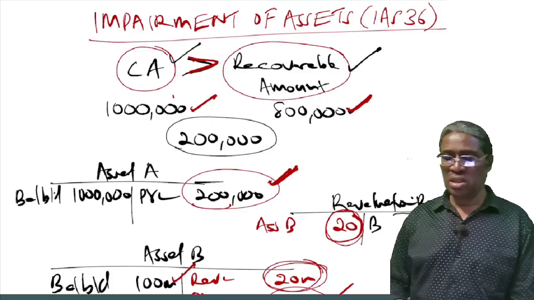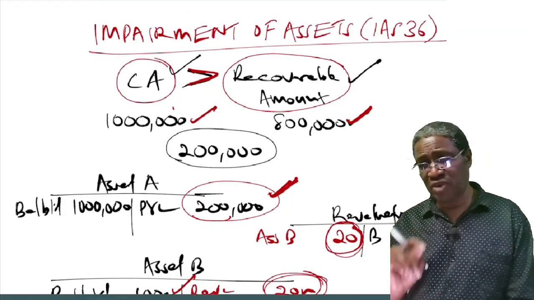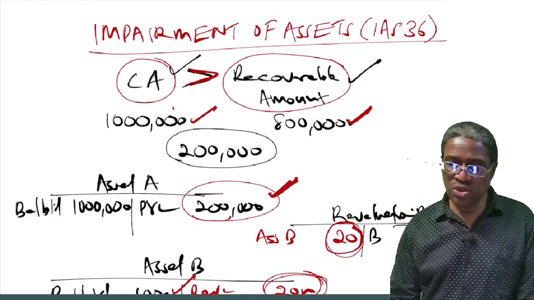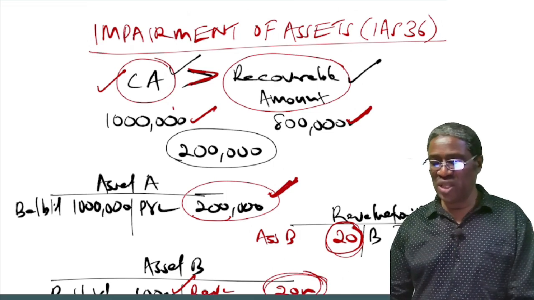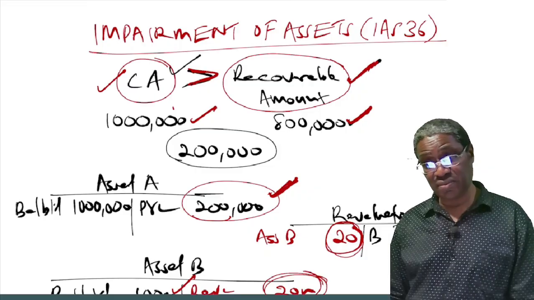We said, if you want to know whether an asset has suffered an impairment loss or not, as a company, you compare what we were calling the carrying amount of that asset with an amount we were calling the recoverable amount of that asset.